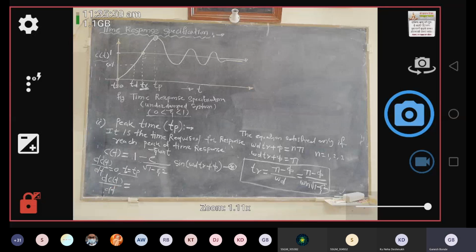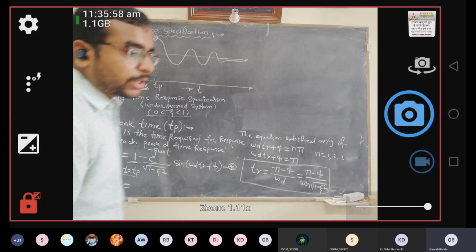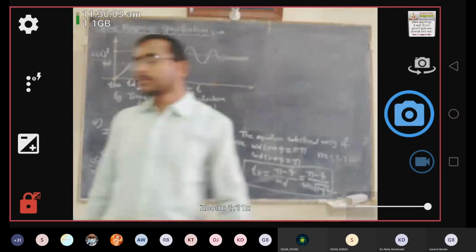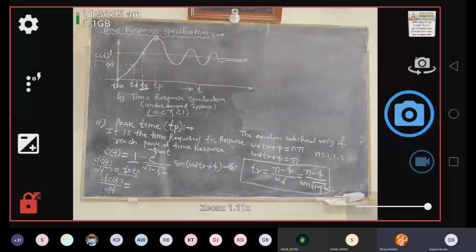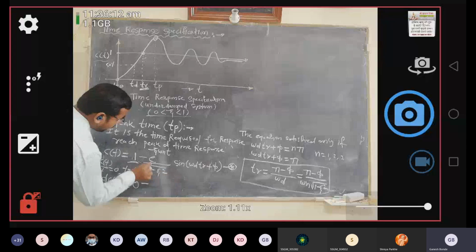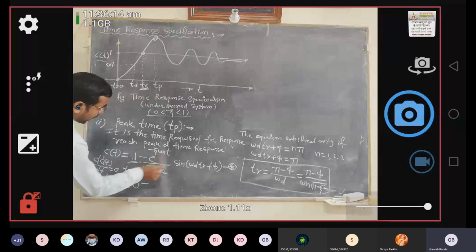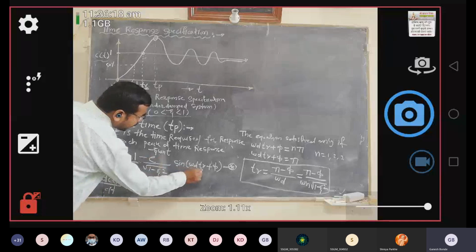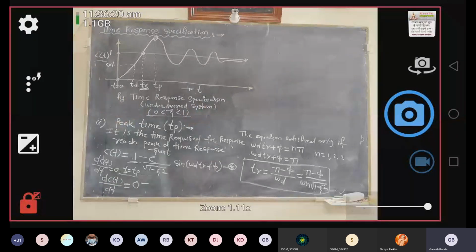What is the derivative of the constant term? What will be the derivative of the constant term? 0. So it is 0 minus, what will be the derivative of this term? e raised to power minus zeta omega n T upon square root of 1 minus zeta square into sine of omega d T plus phi. So which formula is applicable here?